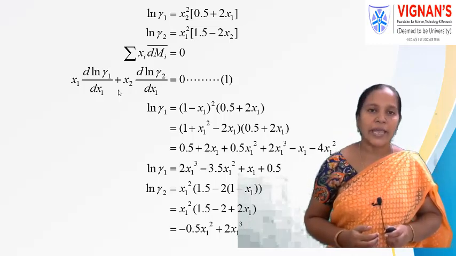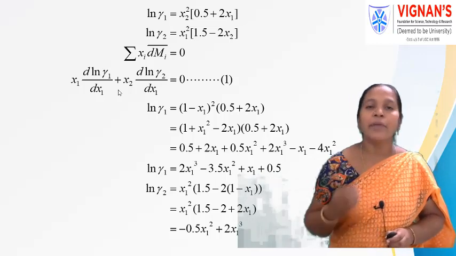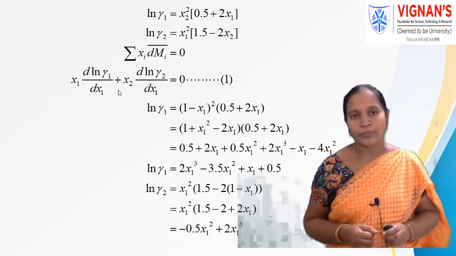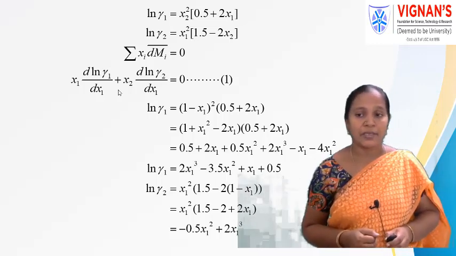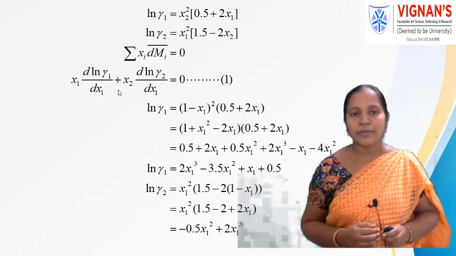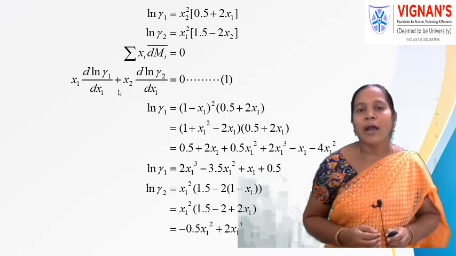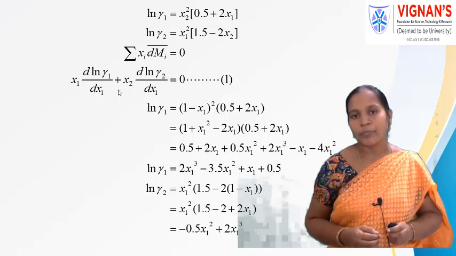The Gibbs-Duhem equation at constant temperature and pressure is sigma xi d mu_i bar = 0. Expand this sigma term for binary species: x1 d ln gamma 1/dx1 + x2 d ln gamma 2/dx1 = 0.